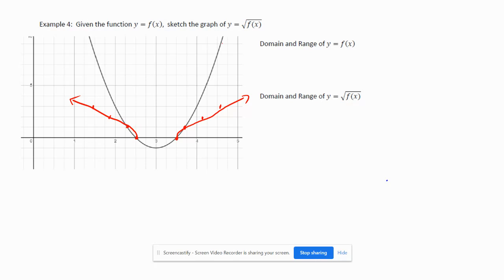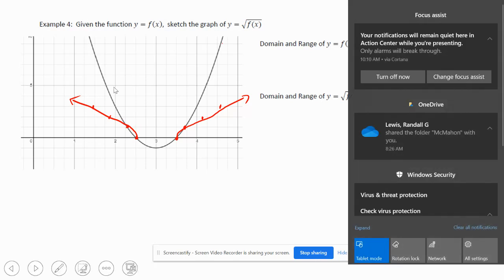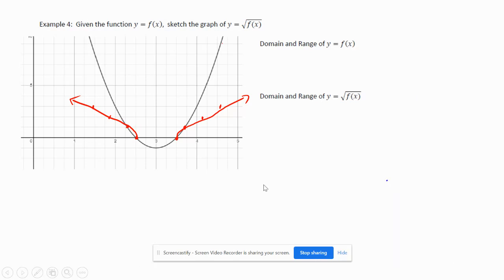Okay. All right. Domain and range of f of x. My original domain was from negative infinity to positive infinity. My range was from negative 1 up to infinity. Okay. New domain and range.